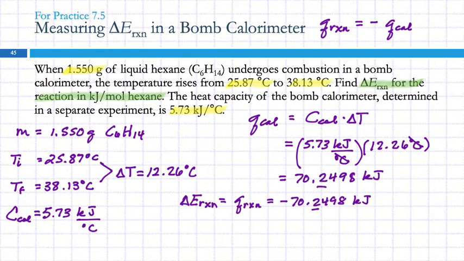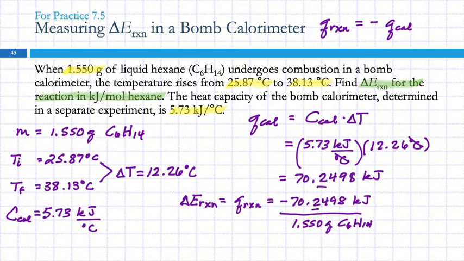The only thing we're missing here is that it wants us to specify kilojoules per mole of hexane. We have kilojoules, we got this from 1.55 grams of hexane. So we could say that's kilojoules per 1.550 grams of hexane. Well, could we convert that into moles?